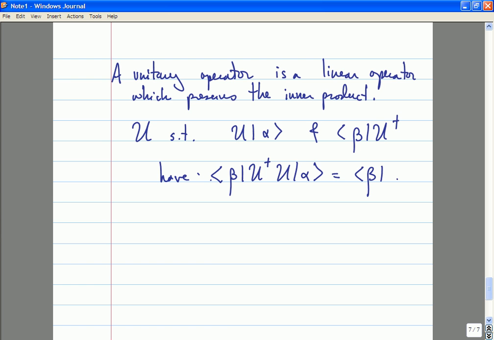So if you have a ket alpha and a ket beta, you act on both of them with U, then their inner product will be unchanged. So this implies that U dagger times U is equal to 1. Because if you have an operator whose expectation value in all states is equal to 1, then that operator is equal to 1. And likewise, it's easy enough to show that if U times U dagger is equal to 1, then U dagger times U is equal to 1, and vice versa.